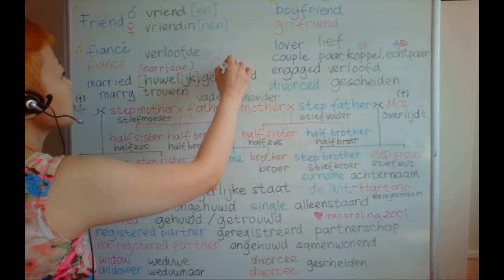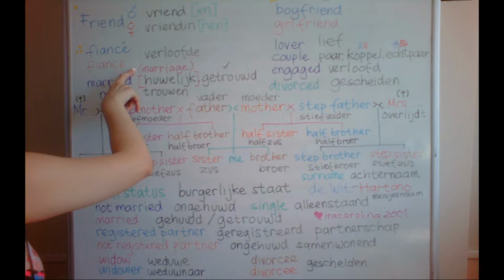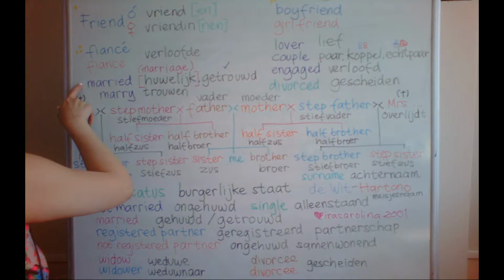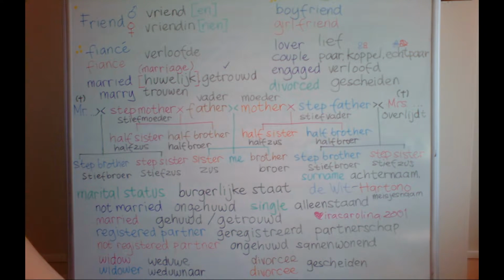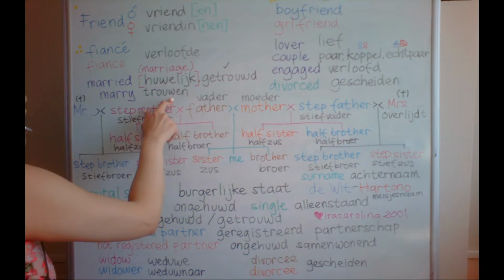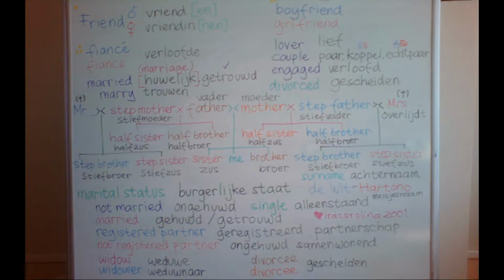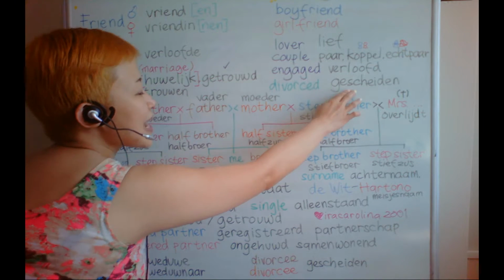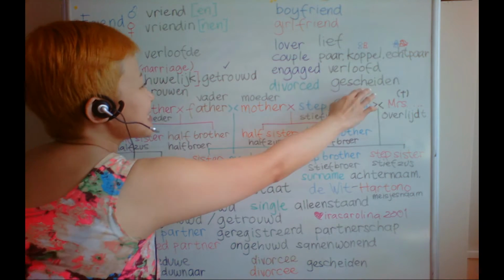Marriage or married life, huwelijk. Married is getrouwd. And to marry is trouwen. And divorced is gescheiden. I will repeat, gescheiden.